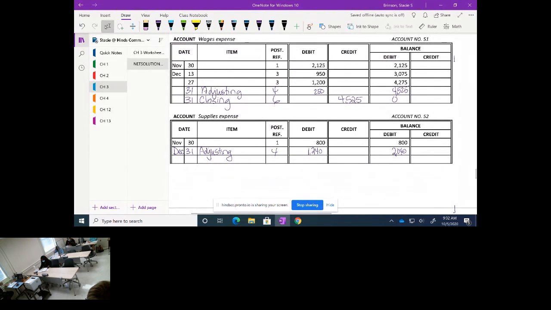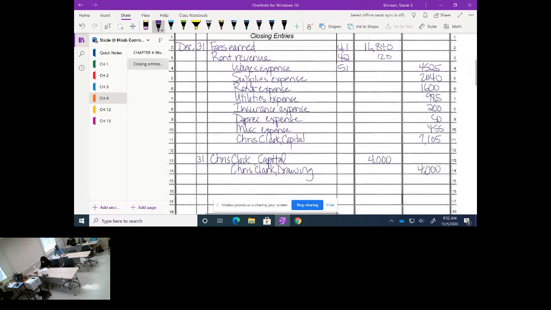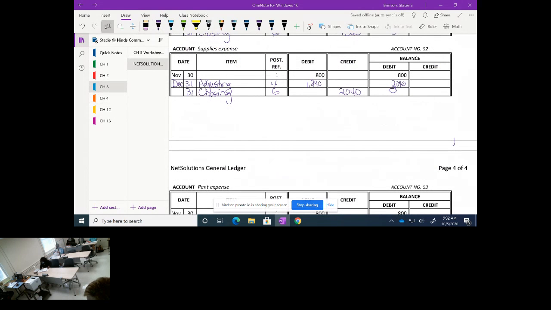Okay, supplies expense. I'm going to keep rolling. Y'all stop me if you get confused, but I think y'all got this part down. Yeah, 16. You said offers. Yeah. I'll get my big head out of the way so y'all can see.